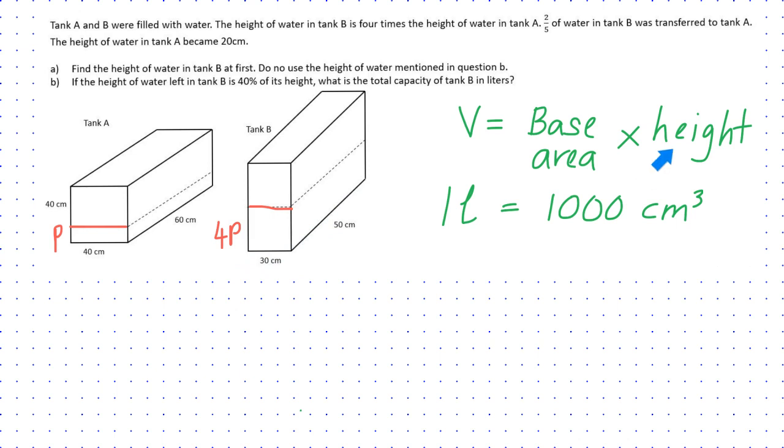The only clue that has been given to us regarding the height of water in tanks is the height of water in tank A, which became 20 cm after the transfer of water from tank B to tank A. So since there was a transfer of water from tank B to A, we need to find the volume of tanks A and B in terms of P.